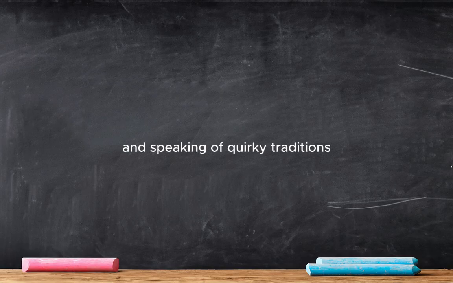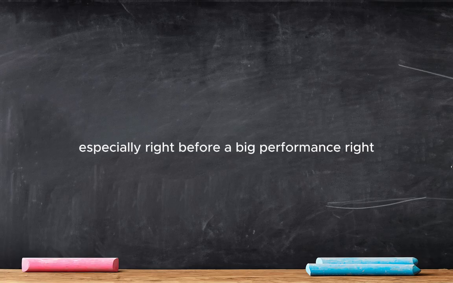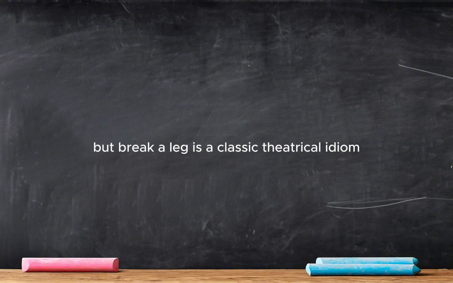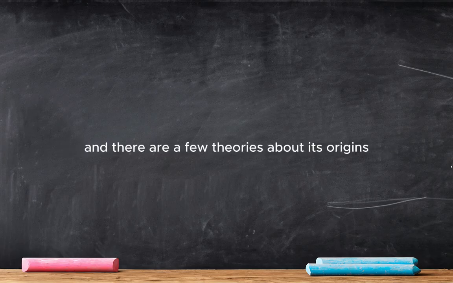And speaking of quirky traditions, there's another one that always throws me off. Break a leg. I mean, who wishes someone an injury, especially right before a big performance? Right. Seems counterintuitive. It does. But break a leg is a classic theatrical idiom. It's a way of wishing someone good luck on stage. And there are a few theories about its origin.